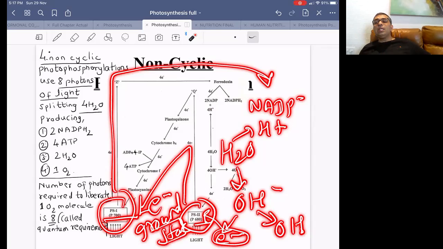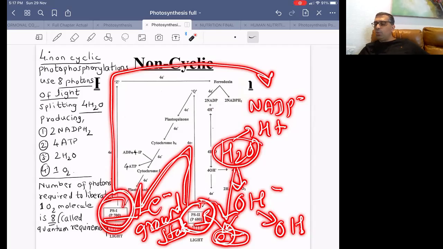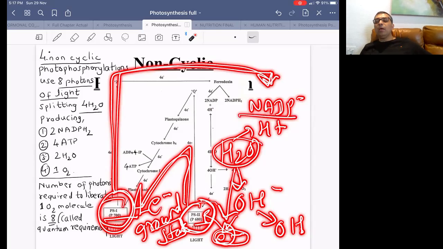So, where is the flow of electron? Electron has gone from water to PS2. From PS2, electron has gone to PS1. And from PS1, the electron has gone to NADP.